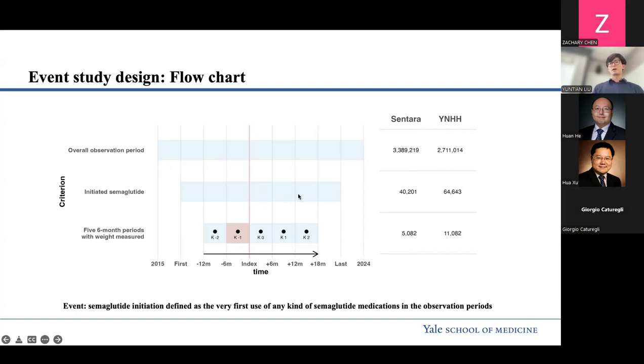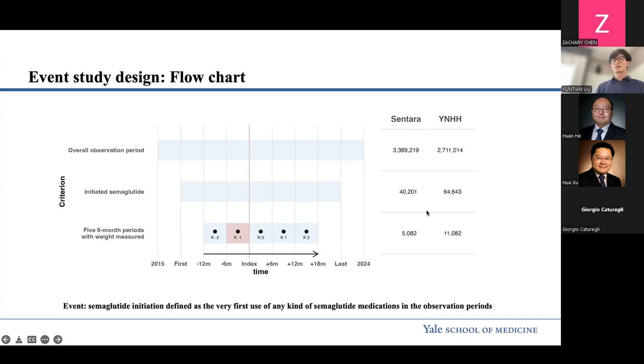Then, within this period, we find all the patients who had at least one semaglutide order, and we take the very first day as the index day, which means the day that the treatment started.